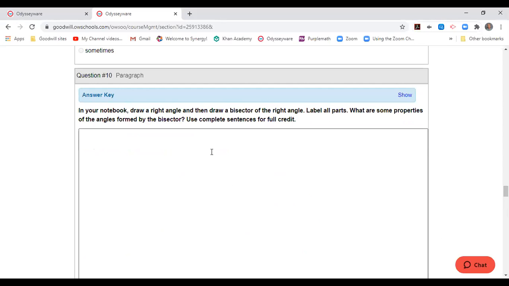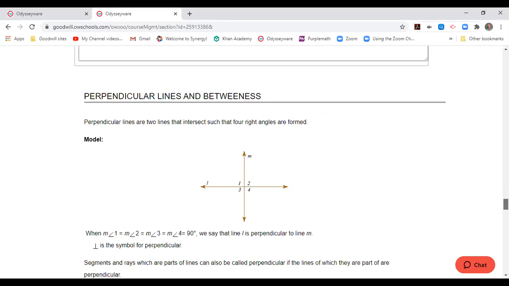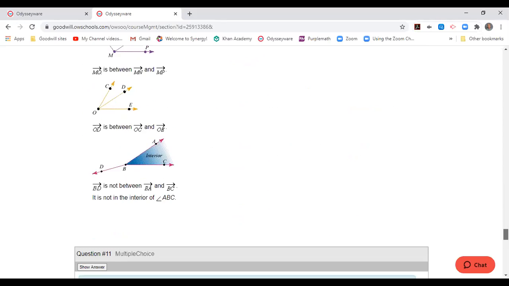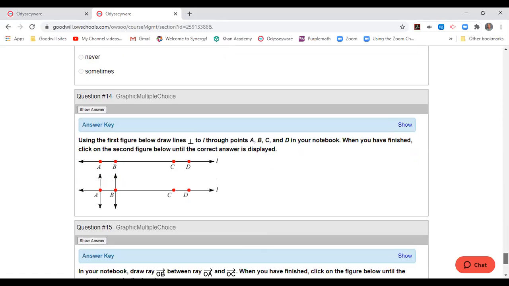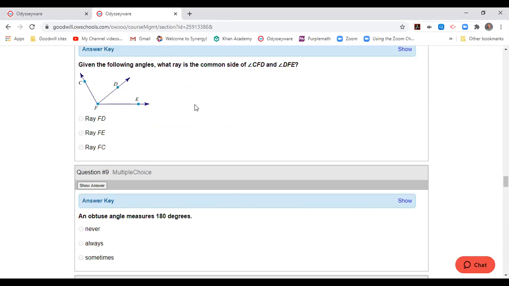Anytime you bisect a 90, you're going to get half of that total, and they're going to be acute as a result because they're automatically going to be less than 90. Perpendicular angles, we're going to be dealing with that as a part of the definition also, because when you have perpendicular, you're creating 90-degree angles also.